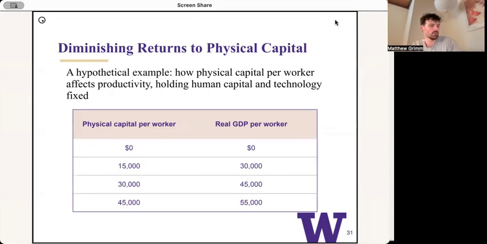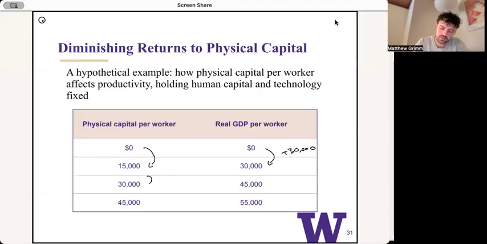So in this hypothetical example, we see this trend of what I just drew. We have real GDP per worker, and we have physical capital per worker. We see the first 15K goes a long way because we get plus 30,000.